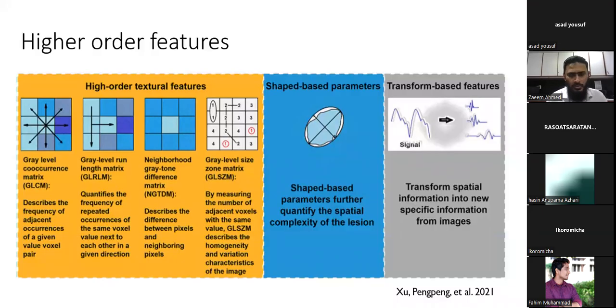So to summarize, high order radiomic features like GLCM, GLRLM, and GTDM are basically measuring the co-occurrence, how similar neighboring voxels are, and how homogeneous or non-homogeneous the region is, and whether there is any entropy in the controlled or segmented section.